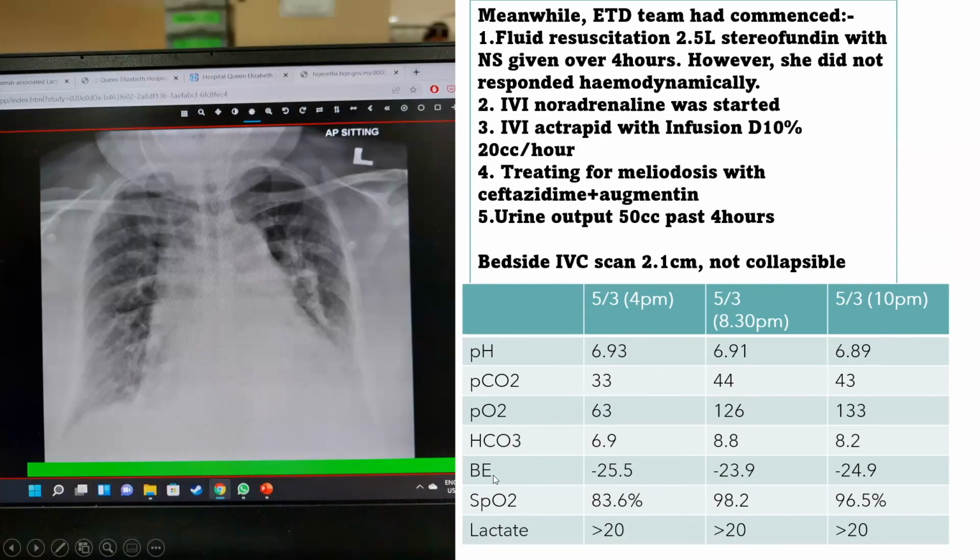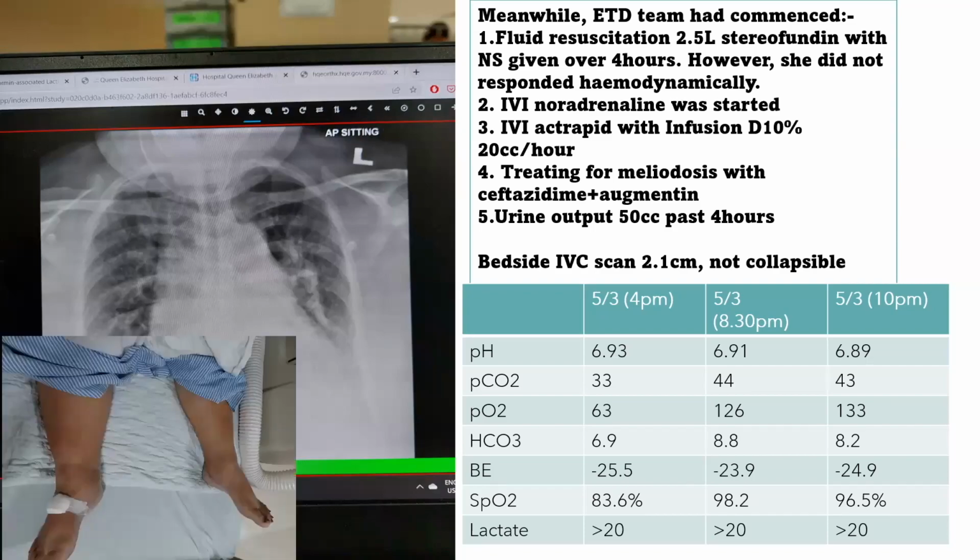And obviously this patient is obese and it's not easy to assess clinically. When you look at the lower limb, a lot of people will say, hey, she's still edematous lah. Others say, hey, she's still dry lah. Maybe 50-50, so we don't know. The best way to assess is to do an IVC scan, but even bedside IVC scan is operator dependent.